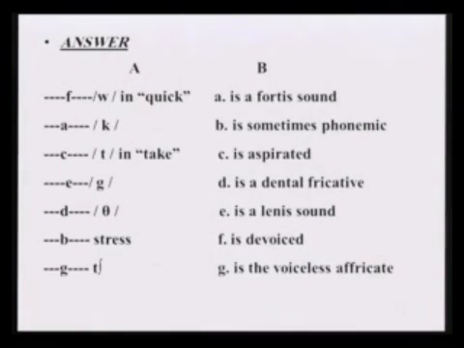The w loses the voicing, so we choose F. K is a fortis sound. All plosives are fortis. B is stressed, and so on. You match these expressions with what comes with them: devoiced, lenis sound, dental fricative, and you put the letter in front of each. This is called matching.